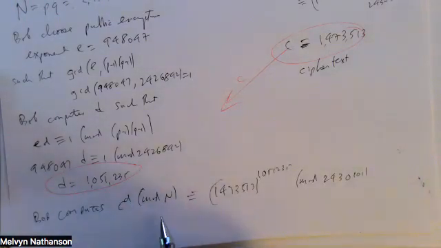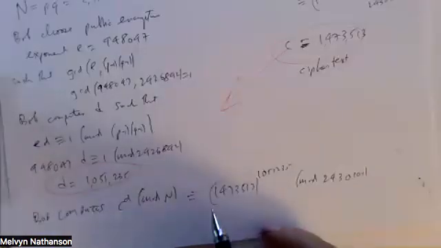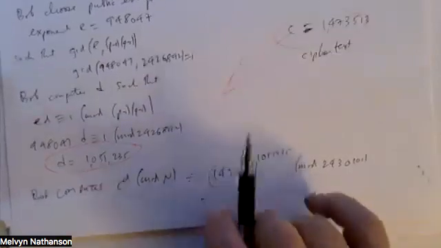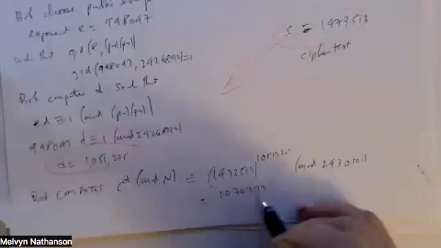Anyone who has D can decrypt the message, but only Bob has D. And if you do this calculation, you see that in fact you will get 1,070,777.